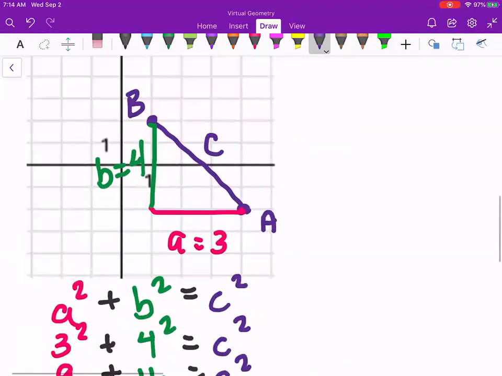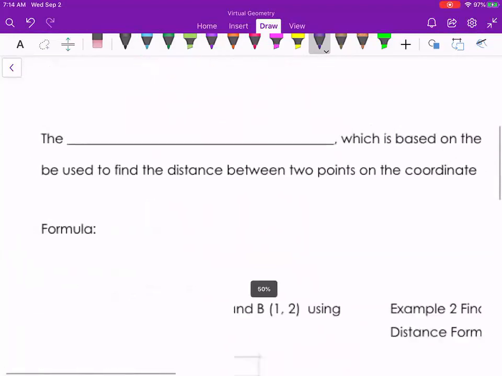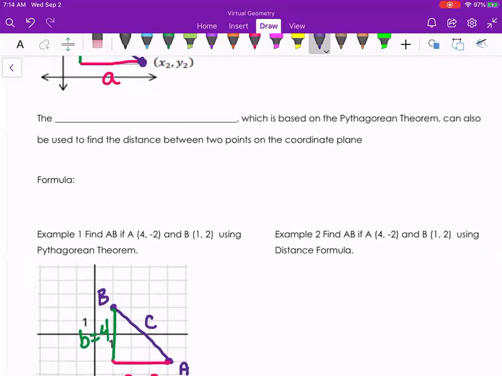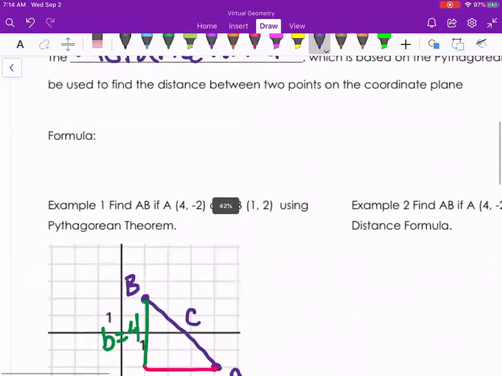And that's the Pythagorean theorem. Now let's check out our next formula that we can use, because it's also related to the Pythagorean theorem. This one is our distance formula. Now you did use this one in Algebra 1. It might have been a little while. You might have used it in Algebra 2. But I know it has been a while since it was used.